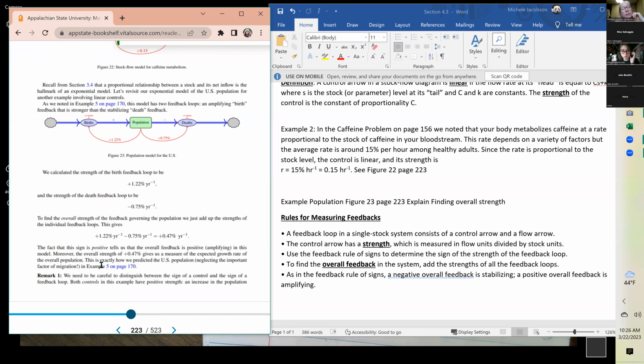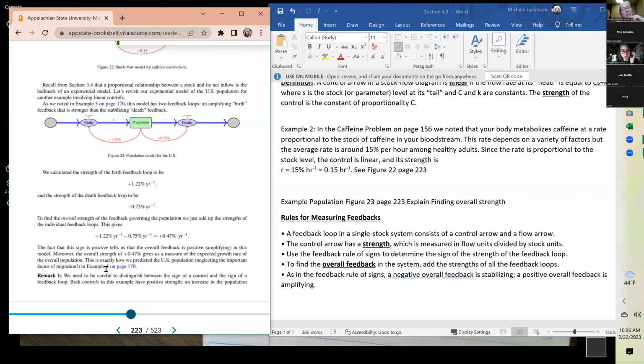The fact that this sign is positive tells us that the overall feedback is positive, which means it's an amplifying cycle. If this would have been a negative value, then it would have been stabilizing. But amplifying means we're growing too much, which I guess is a good thing.